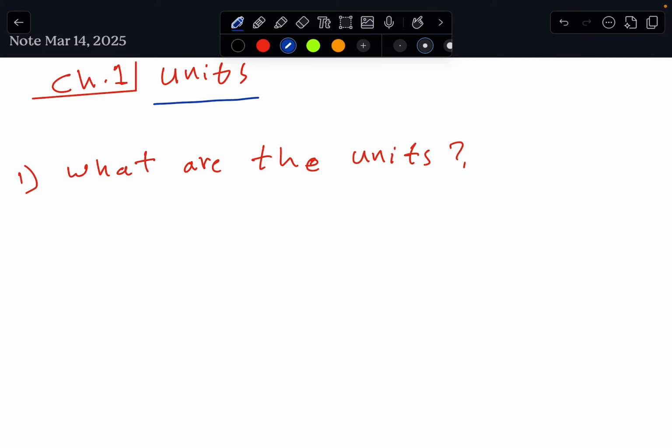So what are units? Units are actually a tool of measurement. We have something that we know, for example, a foot. As humans, we can visualize the size of our foot, and we want to compare it to an unknown distance.